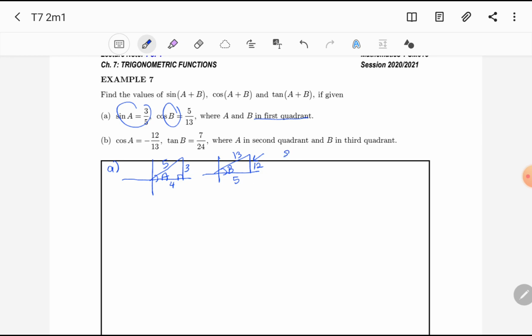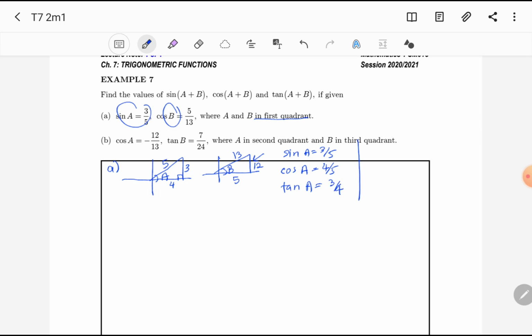apa dia? Sin A 3/5. Lagi. Cos A 4/5. Betul. Tangent A berapa? 3/4.